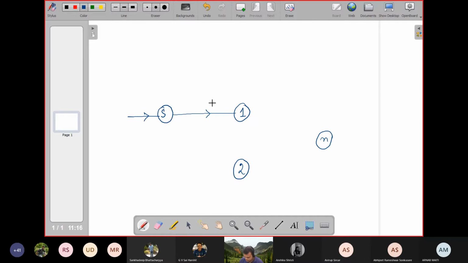Why am I saying directed network? Because directed networks are more difficult to solve than undirected ones. So we will always take the examples of directed networks. Okay.